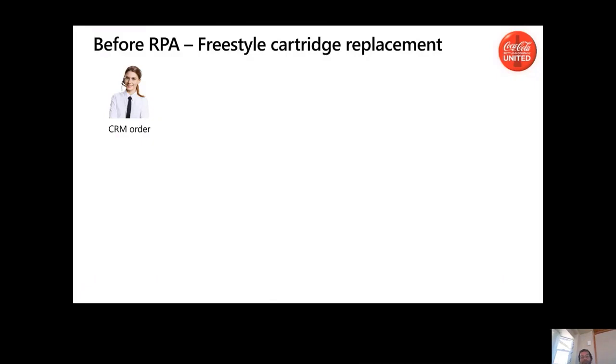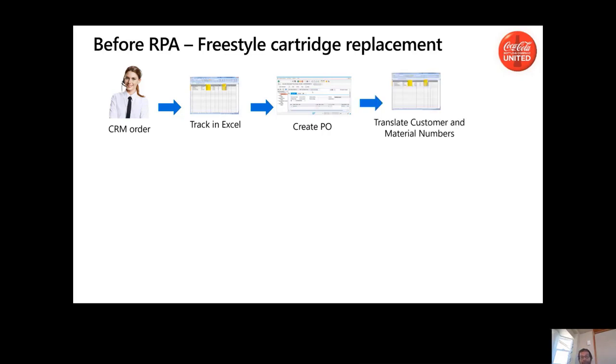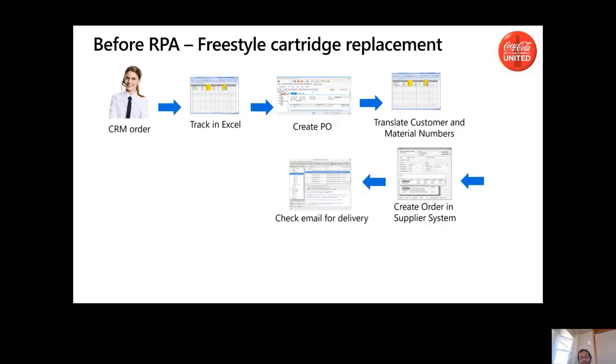So before RPA, here's how their business process looked, where a CRM agent would get an order to replace the cartridge, then they would track the order in Excel. They would create a purchase order in a line of business app that was running on-prem. Then they would translate the customer and material numbers in a separate app. Then they would create an order in the supplier system, which used to be an external website.